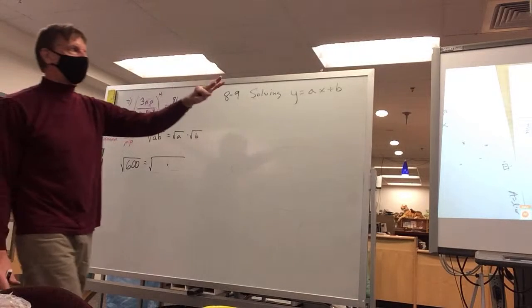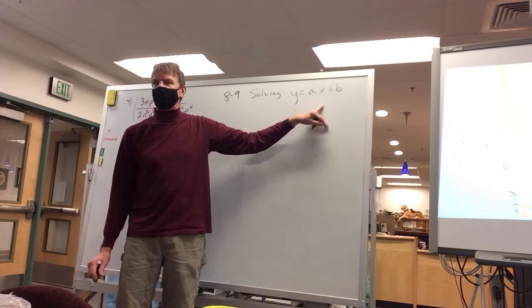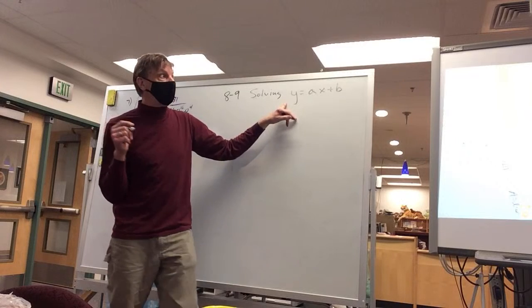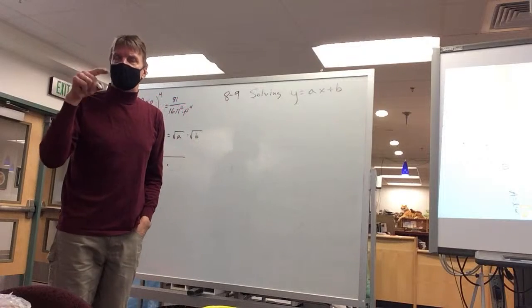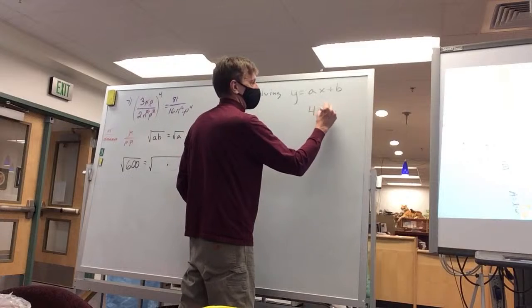If you think about all of these problems that we've done, we've always had a y and an x, except we said what the y was going to be equal to. So for example, the 4x plus 5 equals 13, that was written like this.